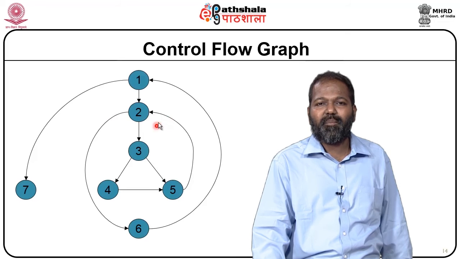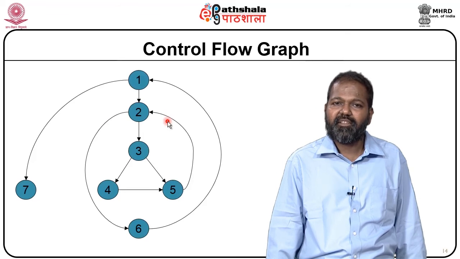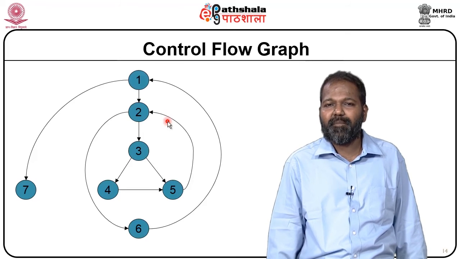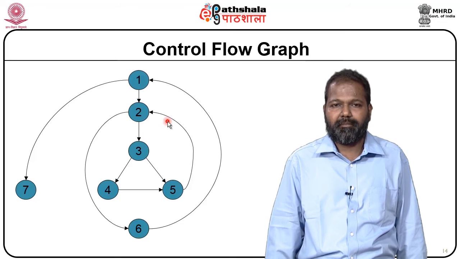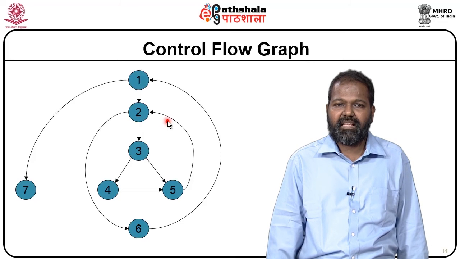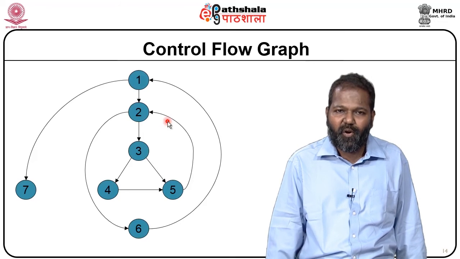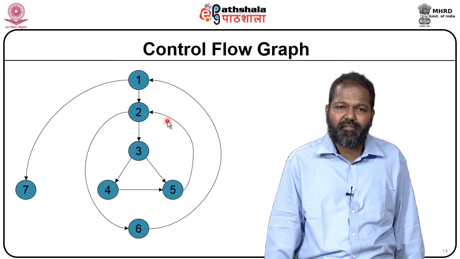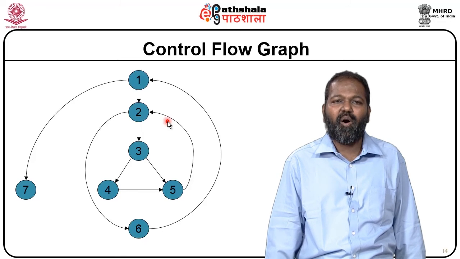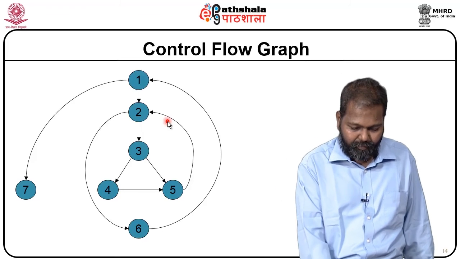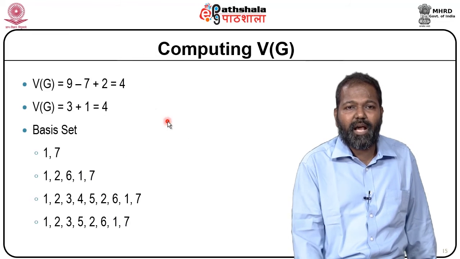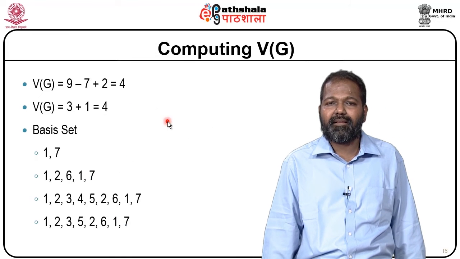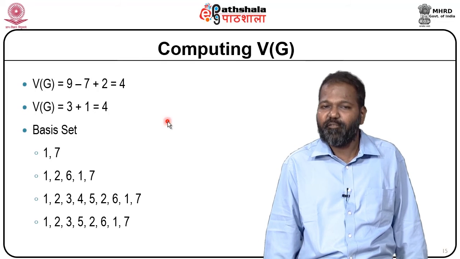Will your cyclomatic complexity change? There will be no change. The number of nodes will increase by 1, and the number of edges also will increase by 1. So, the value of your cyclomatic complexity will be 10 minus 8 plus 2, which is again 4.